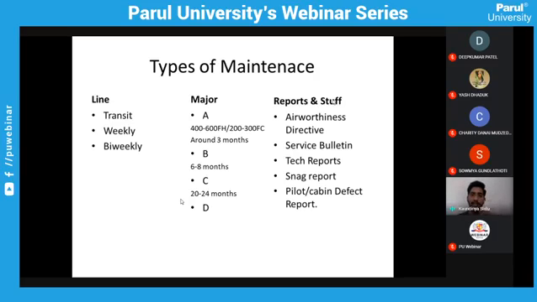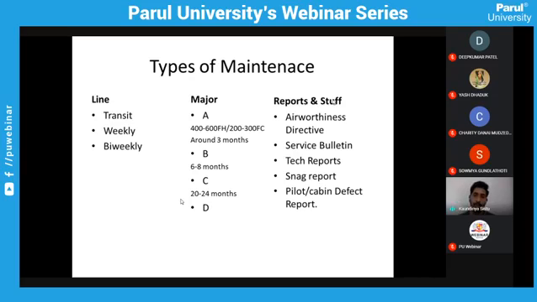So the service bulletin will come from the manufacturer, which covers all those topics, like which part has to be changed, from which version to which version, and which bolt to which. Even minute details like how many threads should come out after the nut is fixed will be recorded in this service bulletin or AMM.